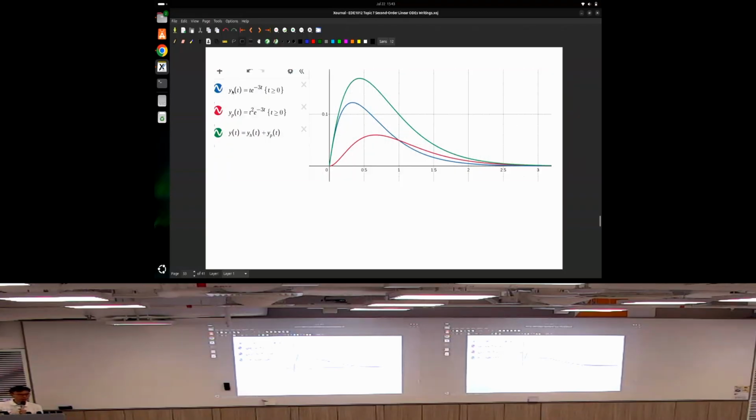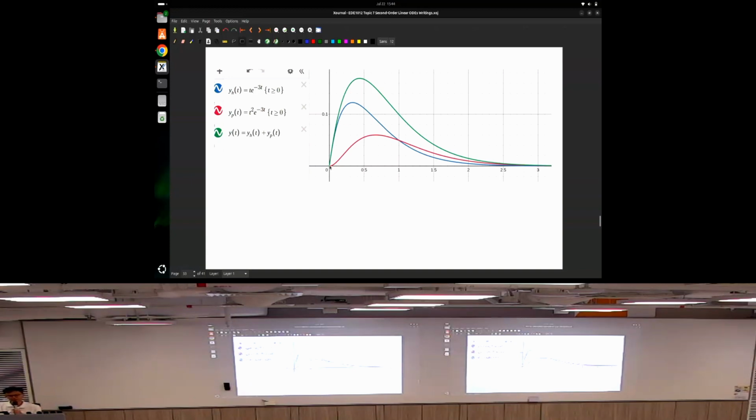Firstly, the homogeneous solution is due to what? Due to initial condition, correct? YH of t is a result of the response of the suspension system due to initial conditions. So what's the initial condition? The initial condition is such that there is no initial displacement.